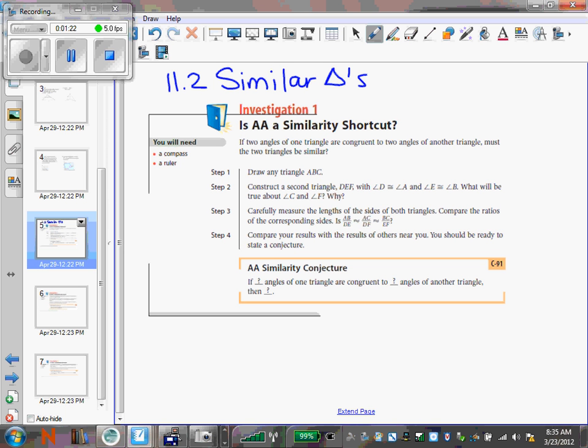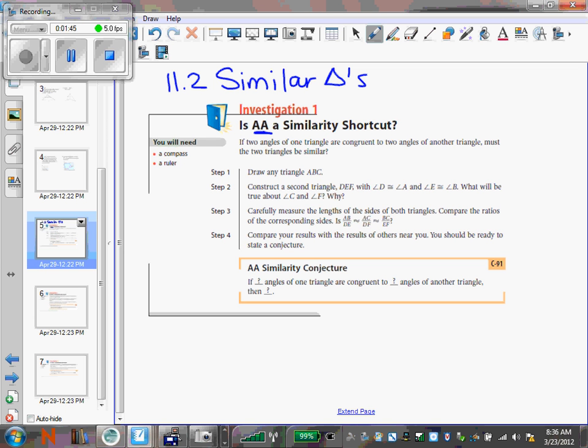So in this first investigation, we are going to find out, is AA a similarity shortcut? AA stands for angle, angle, and you're going to do a little investigation and decide if it works or not. If you would like to do this investigation in Sketchpad, that is fine with me.